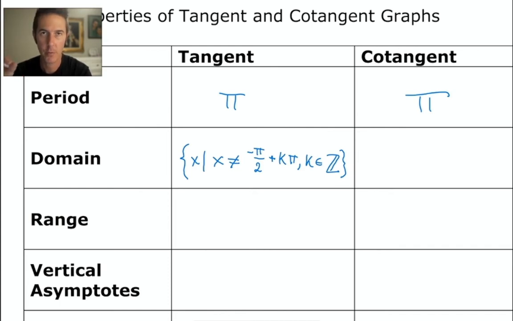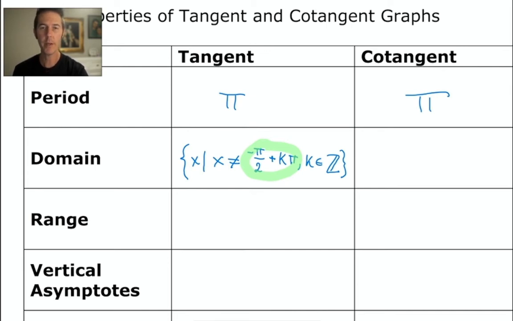Integers, let me remind you: negative 4, negative 3, negative 2, negative 1, 0, 1, 2, 3, 4. You might think of them as whole numbers, but technically they're not whole numbers because they include the negatives. So what that really says is negative pi over 2 plus negative 3 pi's, plus negative 2 pi's, plus negative 1,000 pi's, plus 11 pi's, or 17 pi's.